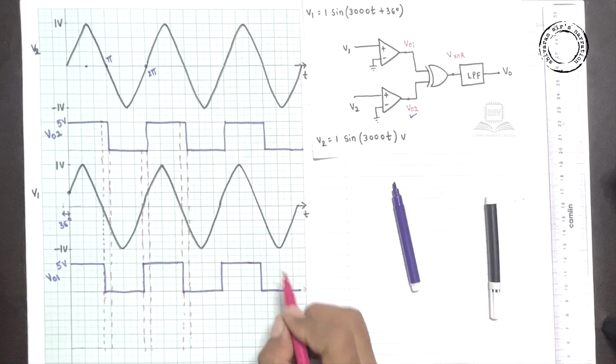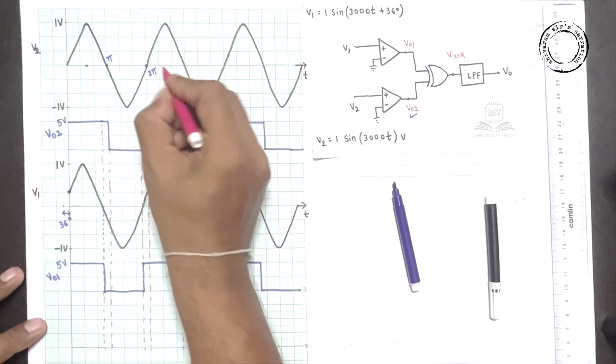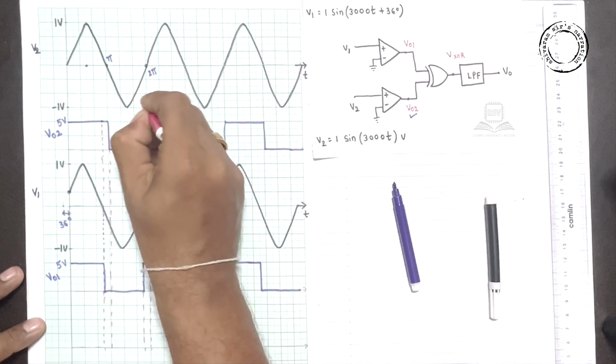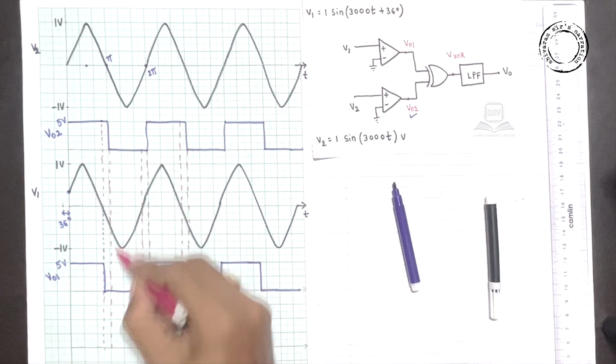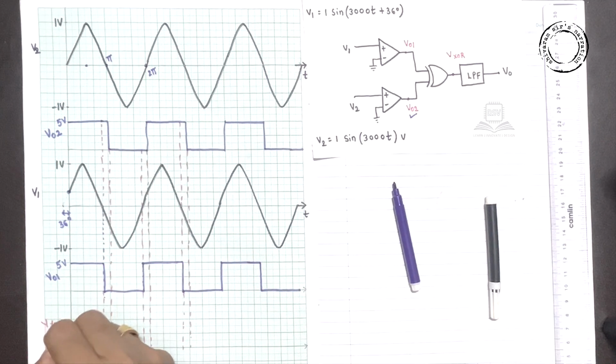Okay, now let's have for a particular period 2 pi. See, this is the period. Now here guys, at this particular region, as the inputs are different, the XOR gate output will be logic 1, means say 5 volts.